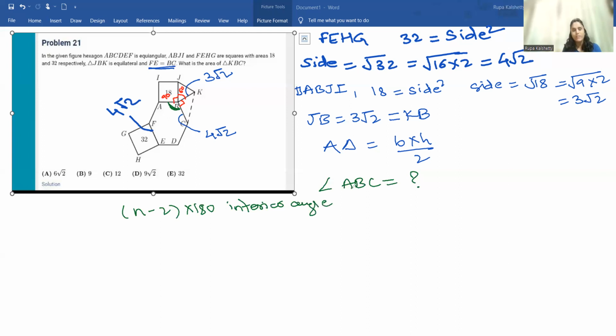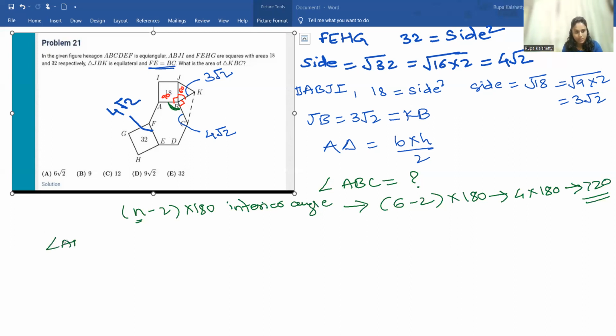And what is n here? n is the number of sides. So n is 6, as this is a hexagon. 6 minus 2 times 180 is 4 times 180, which is 720. So all angles together of this hexagon are 720. But this hexagon is equiangular and we want to find the measure of one angle, which is angle ABC.